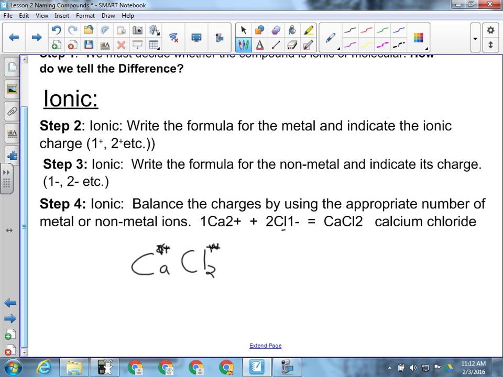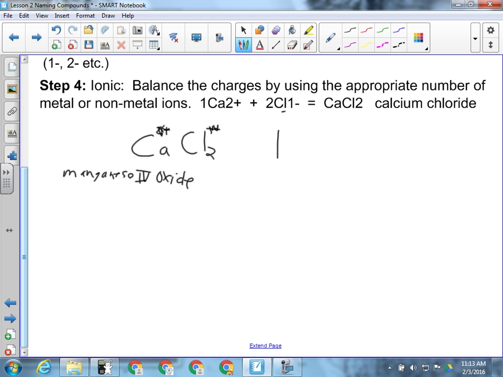Okay, places where it can mess with you a little bit. If I have manganese 4 oxide, let's say, so let's say that's the title I got. All right, so I write manganese, Mn, and what do I write beside it? 4. That's what the Roman numeral is there for, to tell me, use the 4, not the 2. Okay, that's why we put those in there.